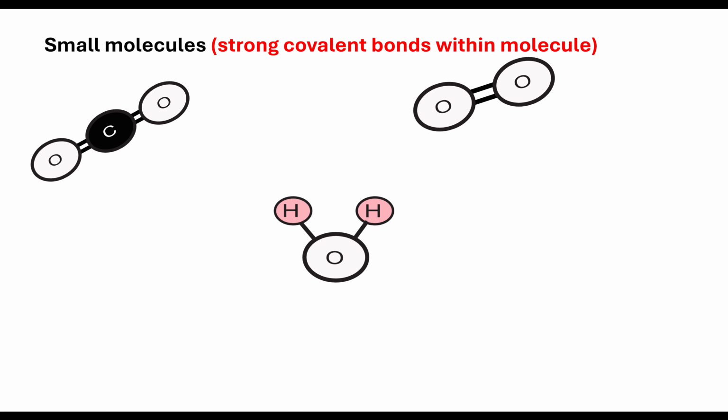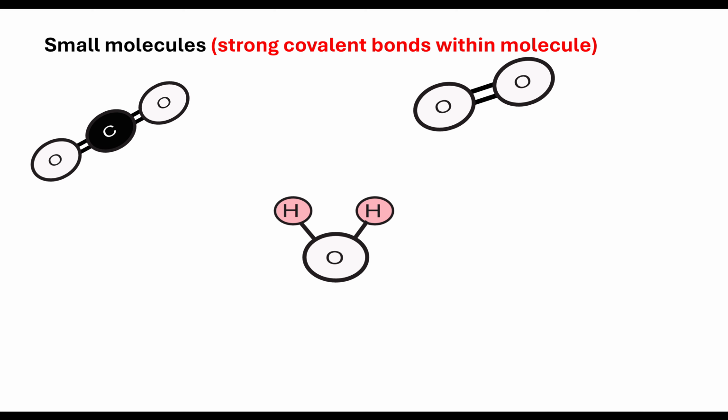When we understand that, we can start to look at these small molecules and see how many bonds they have with which of the atoms. So I've got carbon dioxide, I've got oxygen, I've got water here. Each time we know that they are covalently bonded because they are sharing electrons, and we also know how many covalent bonds based on which group they're in.